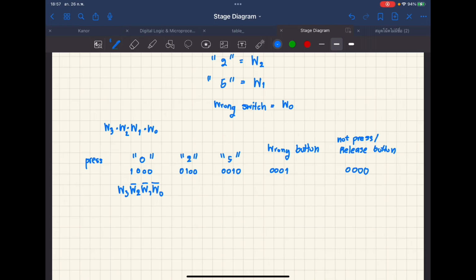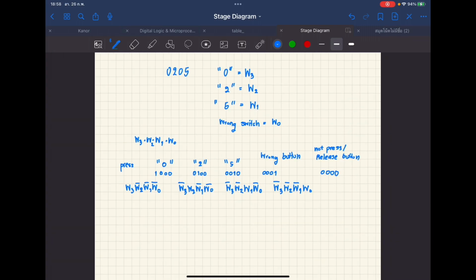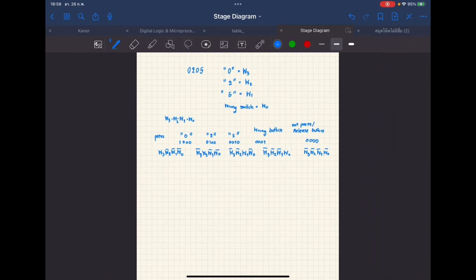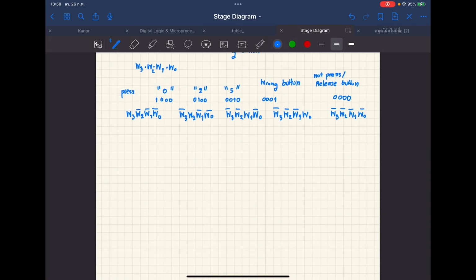And this one is going to be written like this. And this is our wrong switch detector.